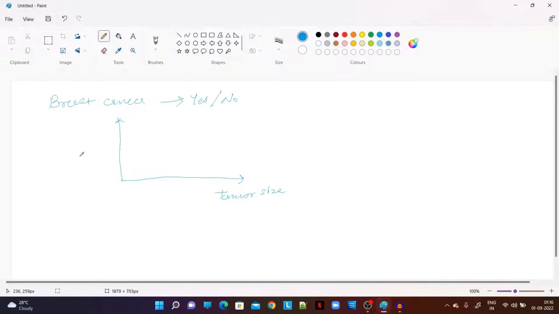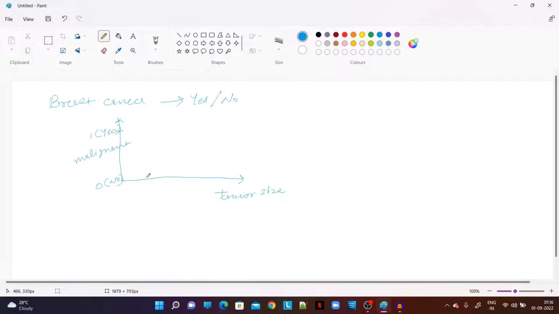Okay, so this line is 1, which means yes, and this particular line is 0, which means no. So we see a relation here.